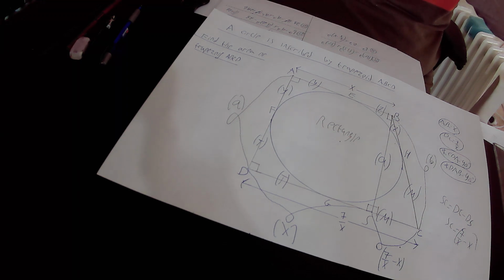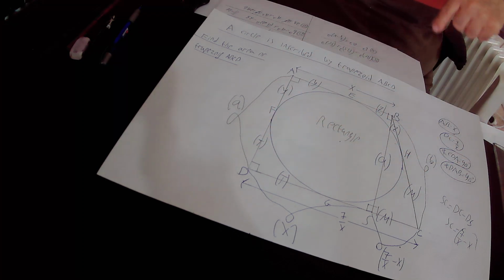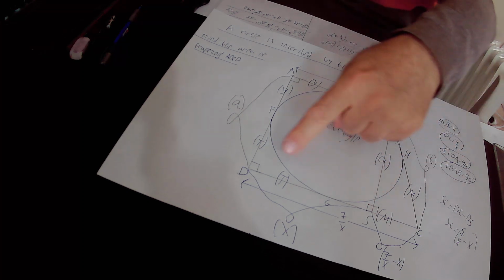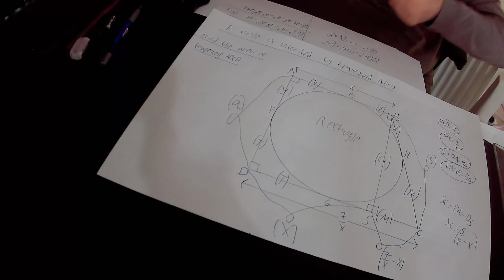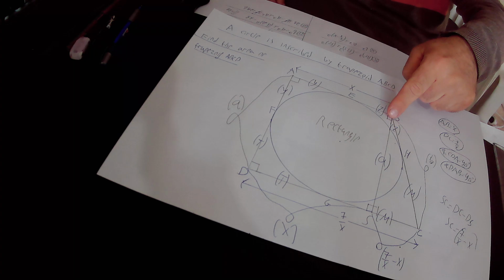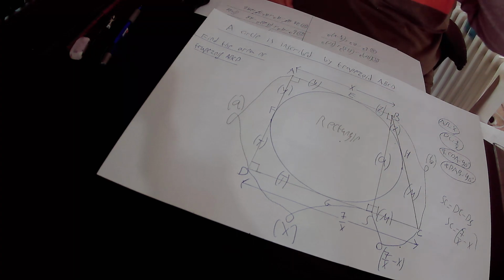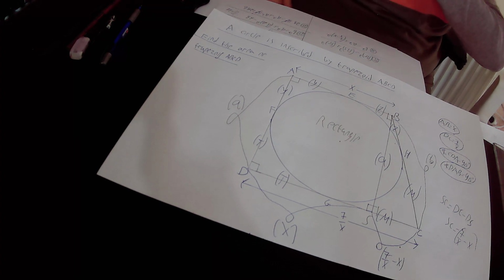By doing this construction, we created a quadrilateral ABSD. Inside this quadrilateral ABSD, we have 3 right angles. The sum of 3 right angles is 270 degrees. So 270 degrees plus the size of this fourth missing angle must equal 360 degrees, according to the rule that the sum of the angles in any quadrilateral is 360 degrees.